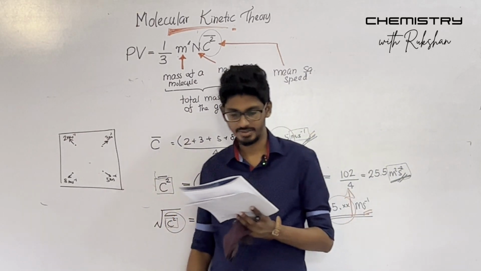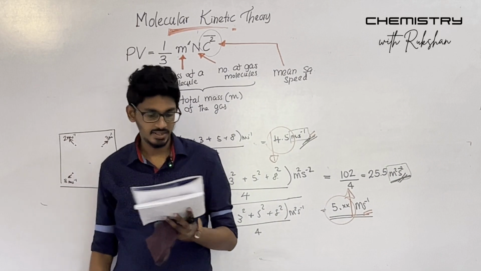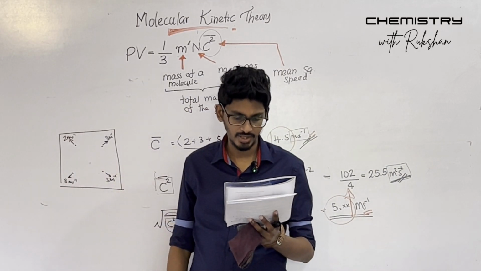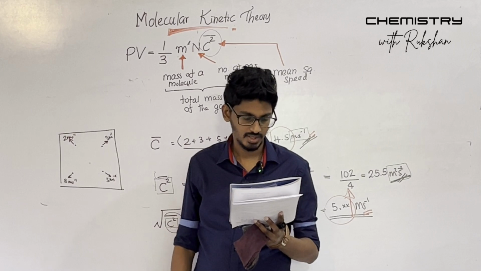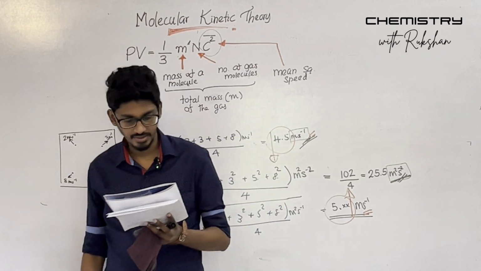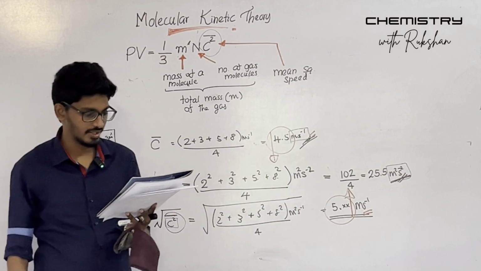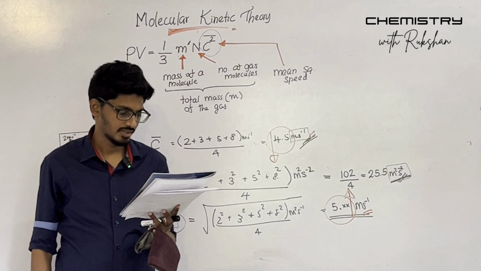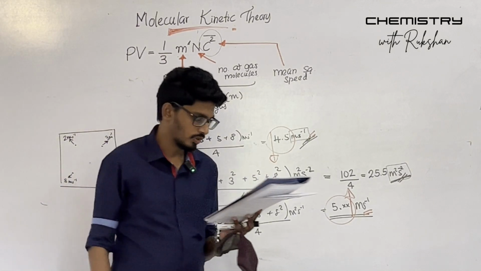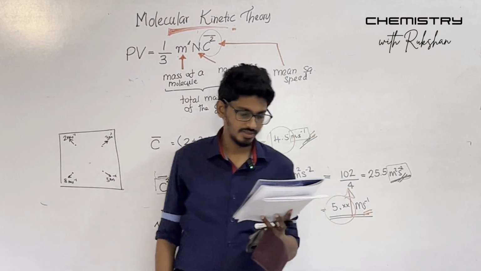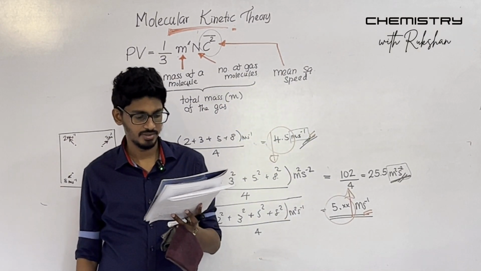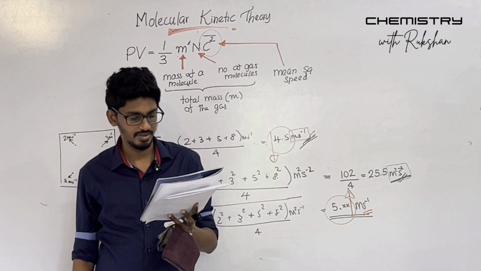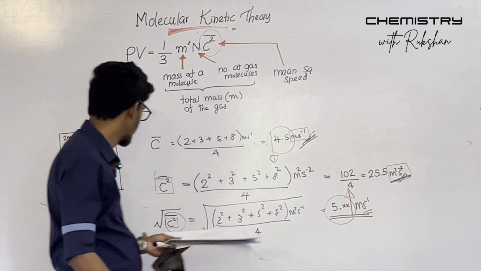Definition of molecular speeds. It says when N number of molecules in a constant volume container at constant temperature travel with different speeds of C1, C2, C3 and Cn, different kinds of molecular speeds can be written as the values are given, no? So average speed C bar is equal to C1 plus C2 plus C3 divided by number of entries N, like this, right?